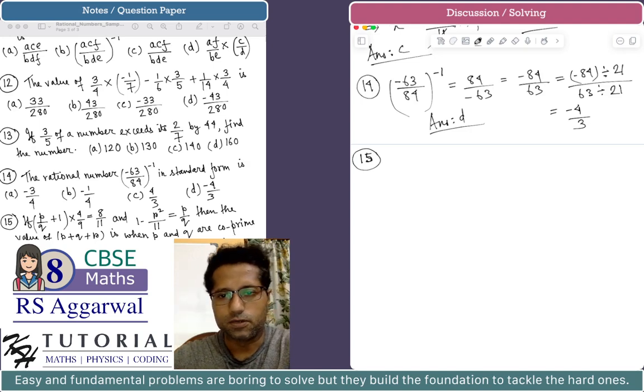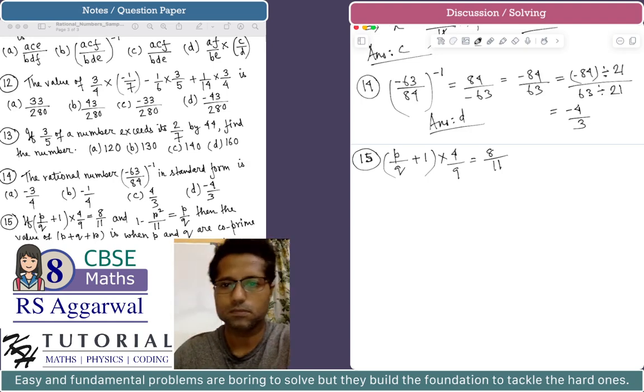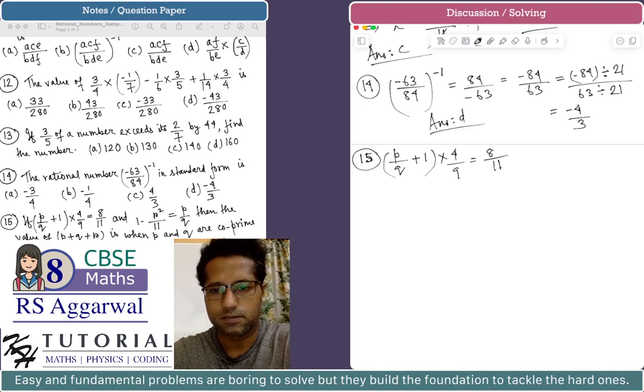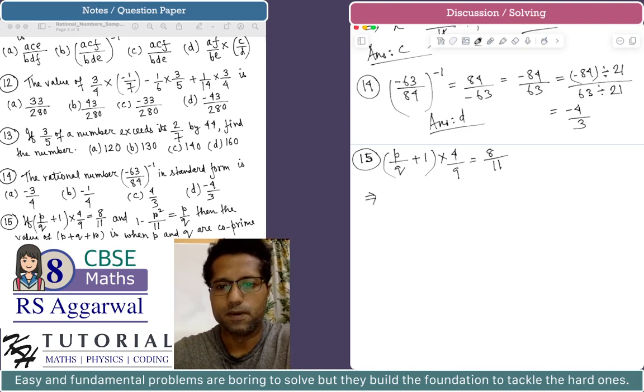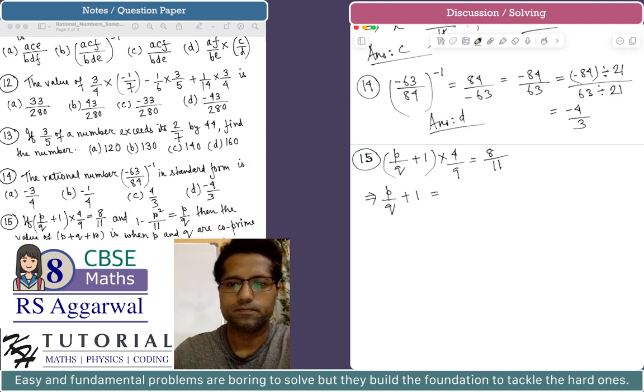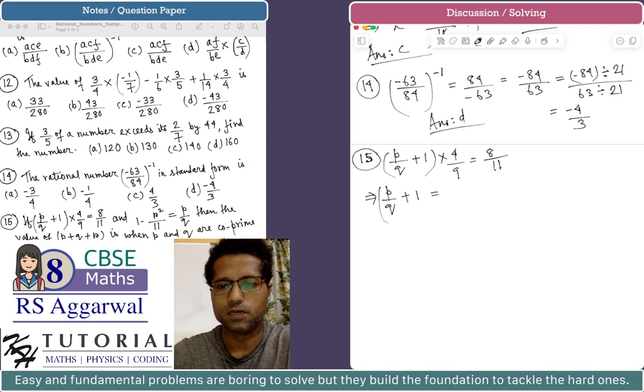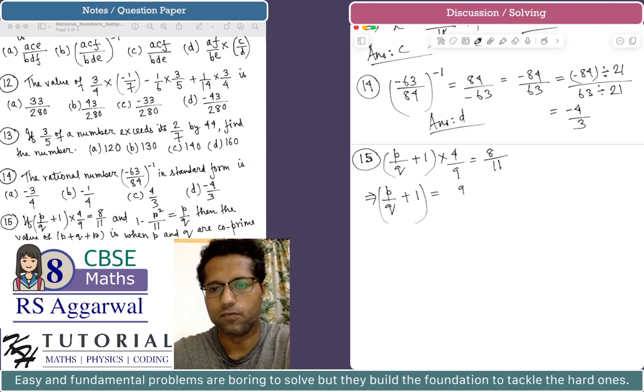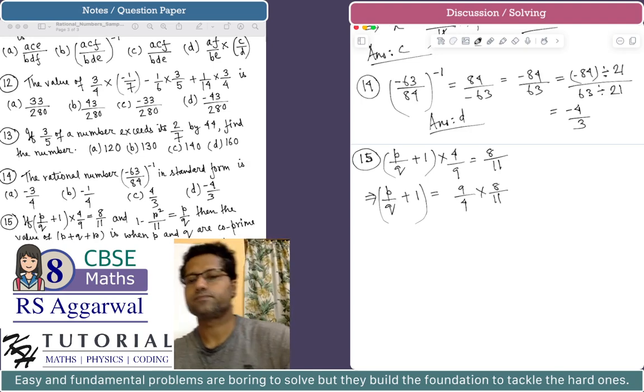Okay, so let's see what is given. P by Q plus 1 multiplied by 4 by 9 is equal to 8 by 11. From here we can obviously find P by Q. How do we find it? So this implies that P by Q plus 1 will be equal to 9 by 4 multiplied by 8 by 11.